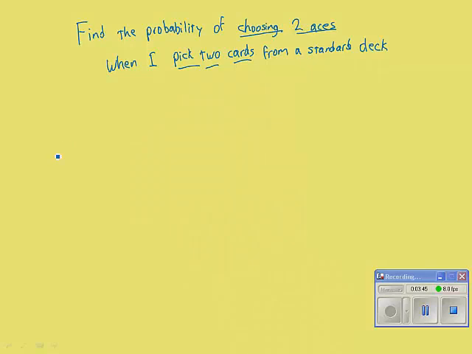Easier problem. Let's let A be the event that the first card is an ace. And let's let B be the event that the second card is an ace.